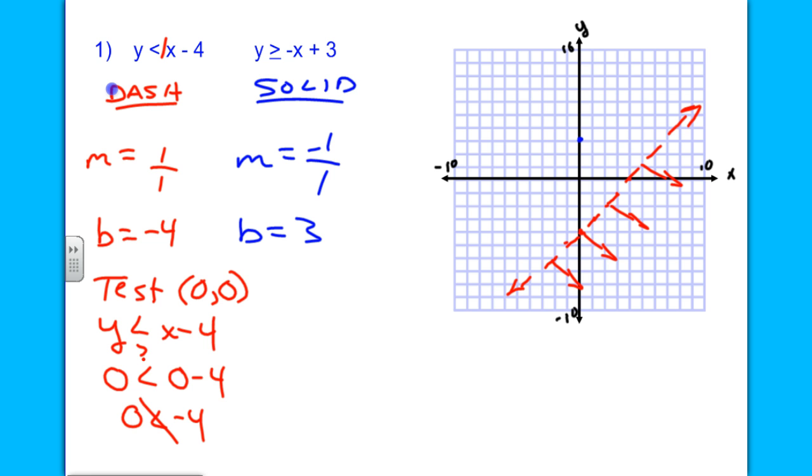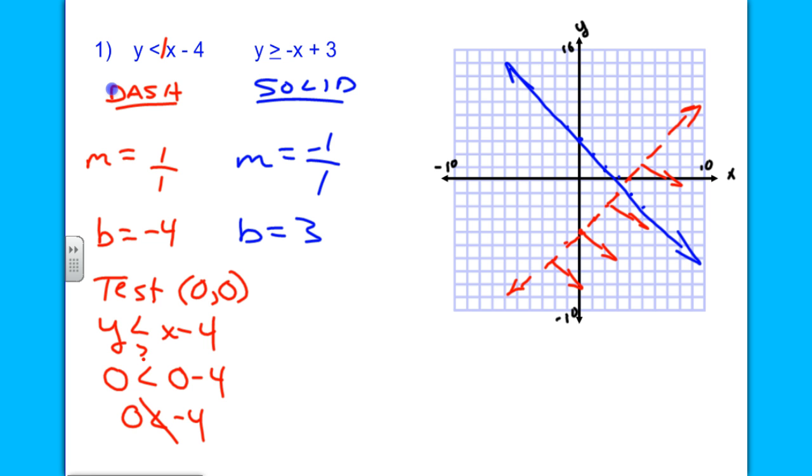And we rise -1, run 1. And we said it's a solid line, so use your rulers, right? And it's an inequality, so we've got to shade.